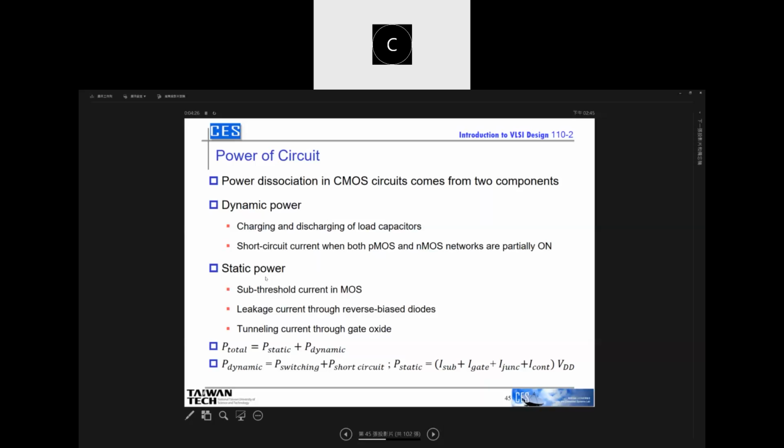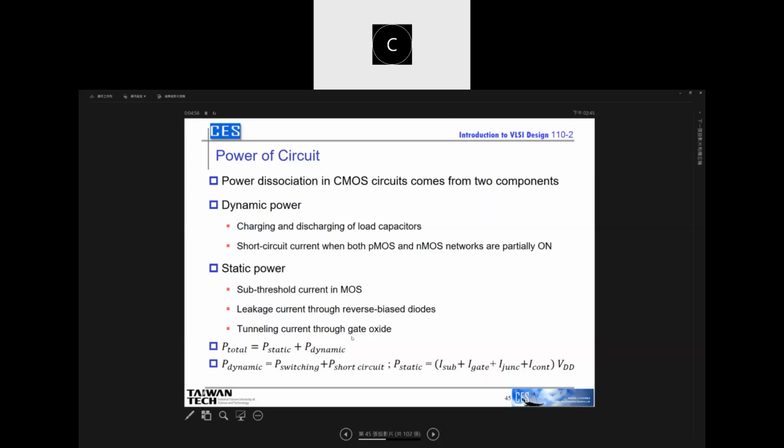There are several sources of static power consumption, such as sub-threshold current in the MOS, the leakage current through reverse-biased diodes, or tunneling current through the gate oxide. Basically, that means even if your circuit is not used, even if the circuit is not operated, you still have power consumption. We call this part the static power.